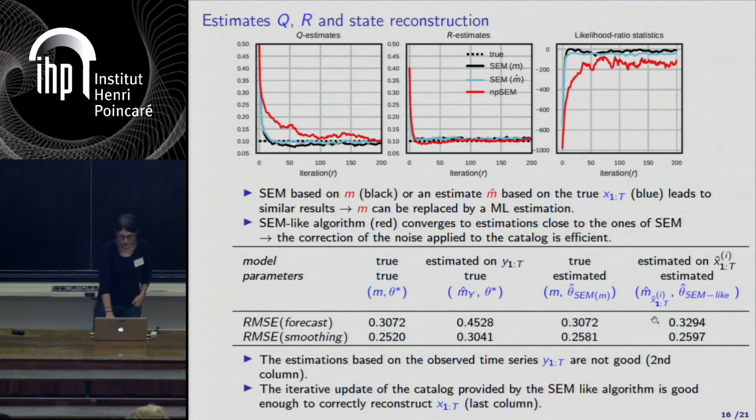And you have 4 columns. For the first one, you use the true model and the true parameters. So it corresponds to what we want to approximate.